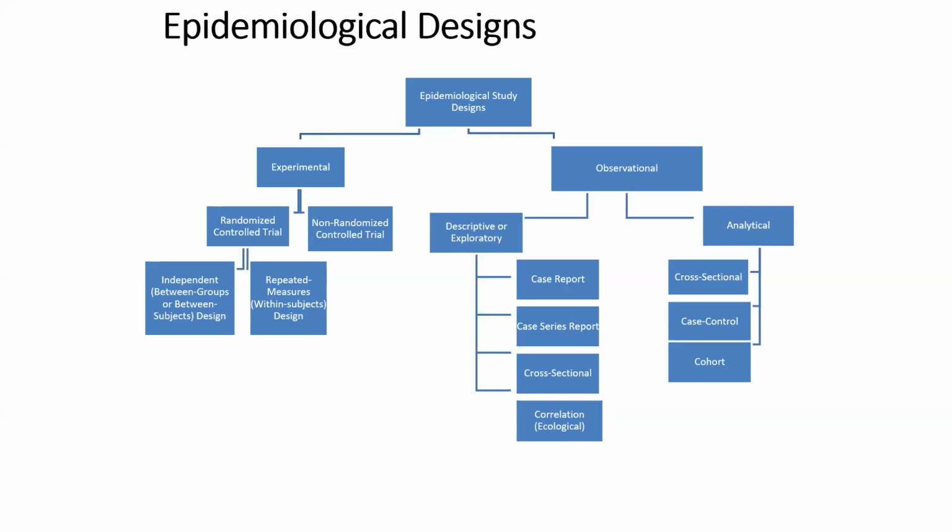So randomized control trial, non-randomized control trial. A randomized control trial is a true experiment, while a non-randomized control trial is a quasi experiment. Quasi is pretend, QUASI. A true experiment has certain features.